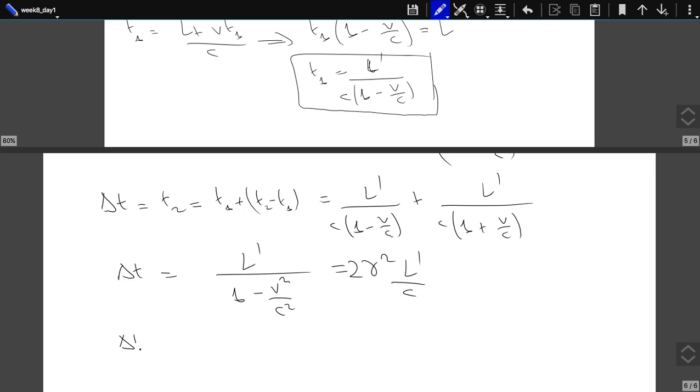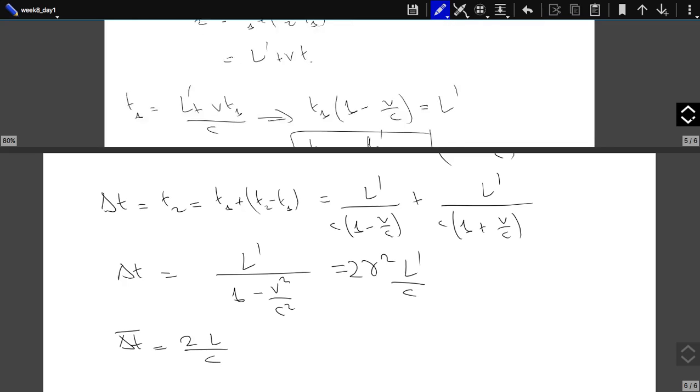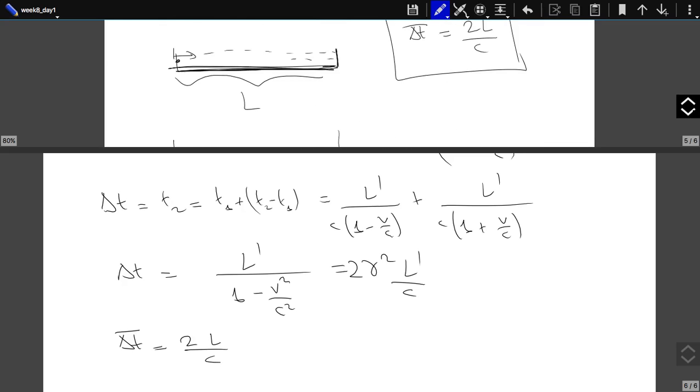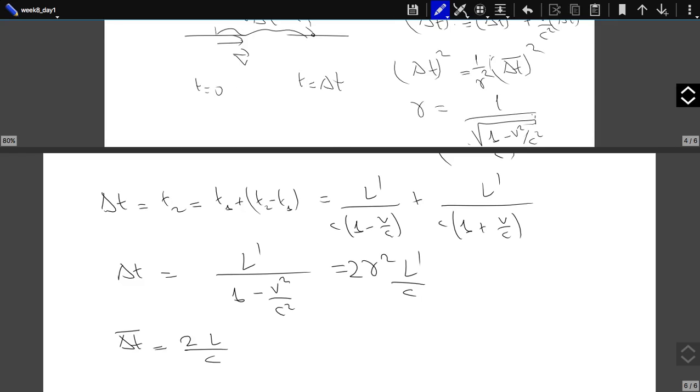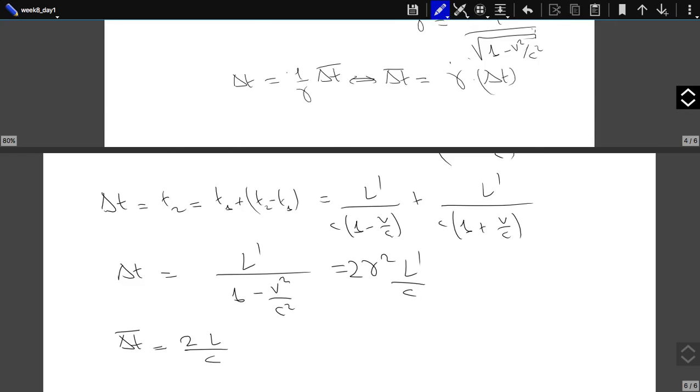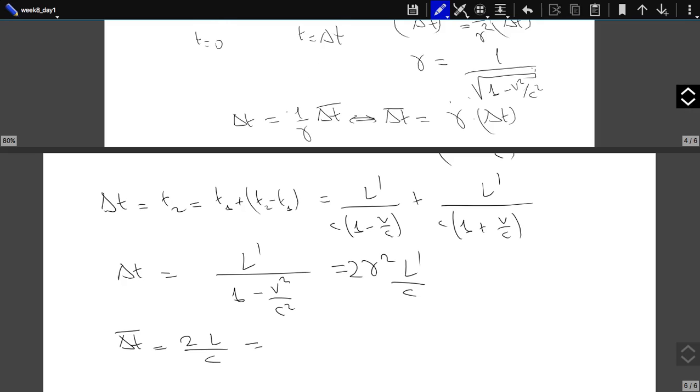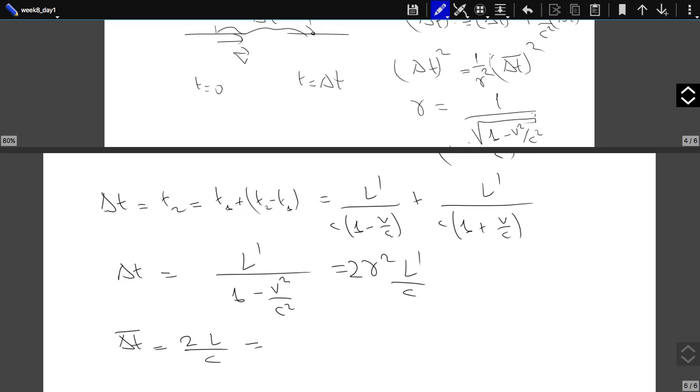Delta t bar was twice L over c, but I know how delta t bar and delta t are related. Now let me make some corrections over here.